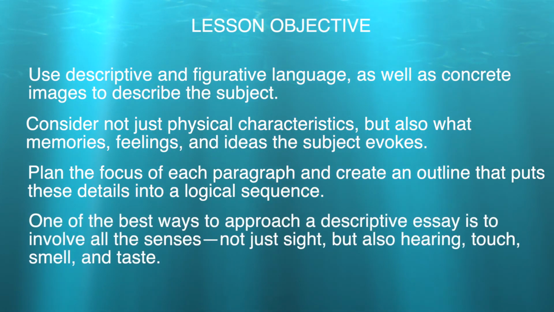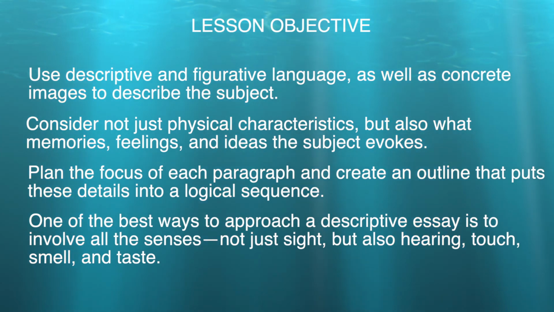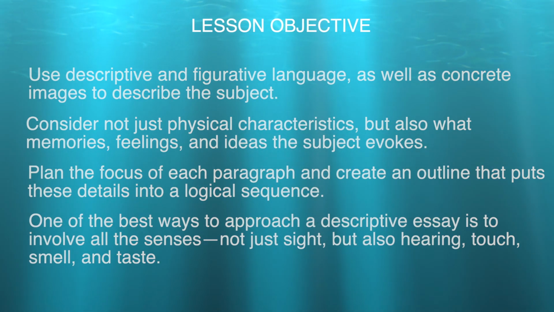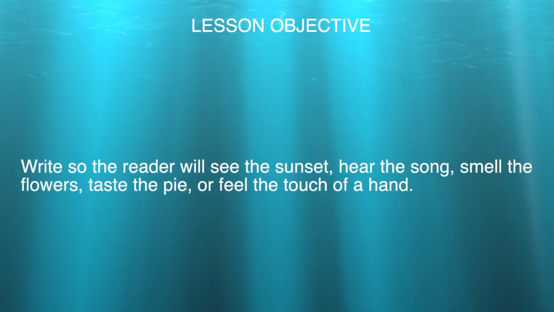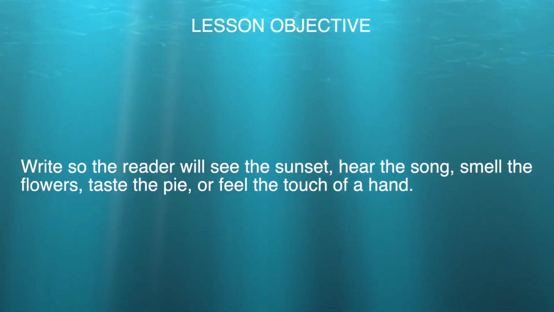One of the best ways to approach a descriptive essay is to involve all the senses, not just sight, but also hearing, touch, smell, and taste. Write so the reader will see the sunset, hear the song, smell the flowers, taste the pie, or feel the touch of a hand. Please, viewers, writing is a skill that you need to develop, and this can only be done if you practice and polish your writing through essays such as the ones we talked about.